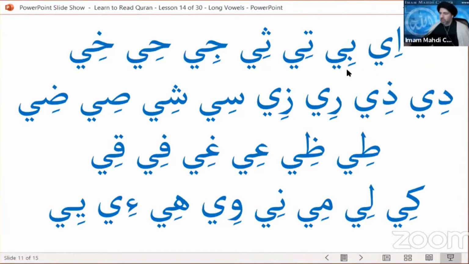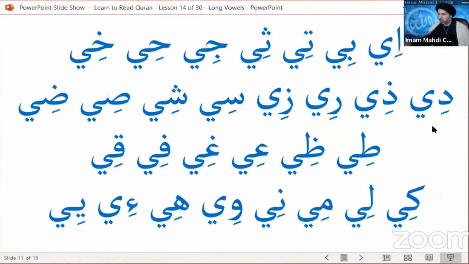E, bi, ti, thi, ji, hi, khi, di, thi, ri, zi, si, shi, si, di, ti, zi, i, ghi, fi, qi, ki, li, mi, ni, wi, hi, e, ye.